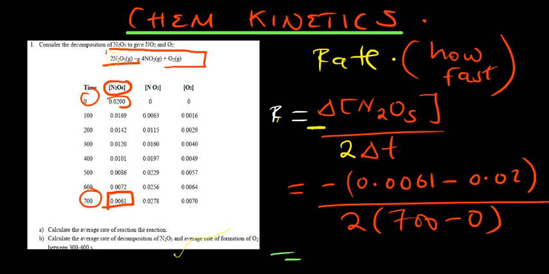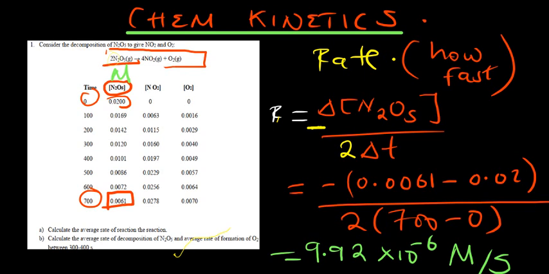What value are you getting? I'm getting 9.92 times 10 to the power negative 6. The units for our concentration is in molar, time in seconds. So molar per second. That is the rate. So you are saying that is how fast the reactant is being used up. In every second, we are losing about that much. And that much is like the rate at which the products are also being produced.